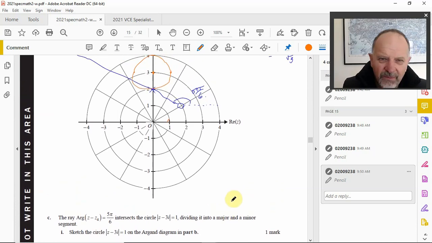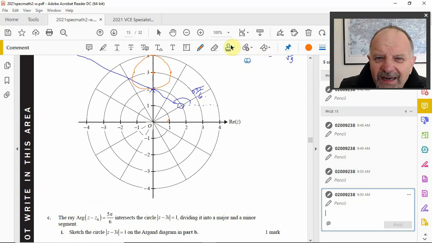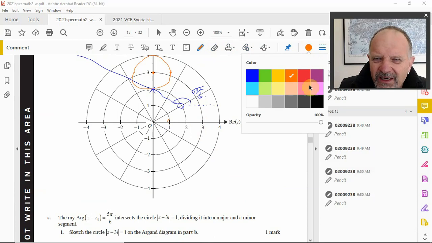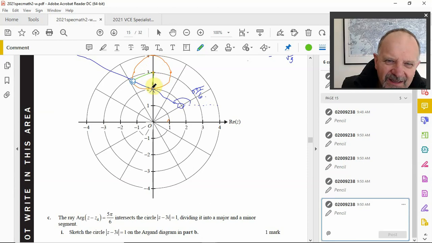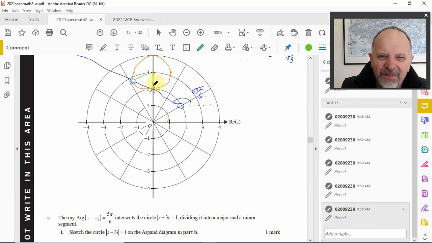All right, so what I've got to do here, I'm going to change my colour again. Let's go something we're going to be able to see. Let's go the green. All right, so with this formula that I've used, what we're looking at is that triangle, that segment.